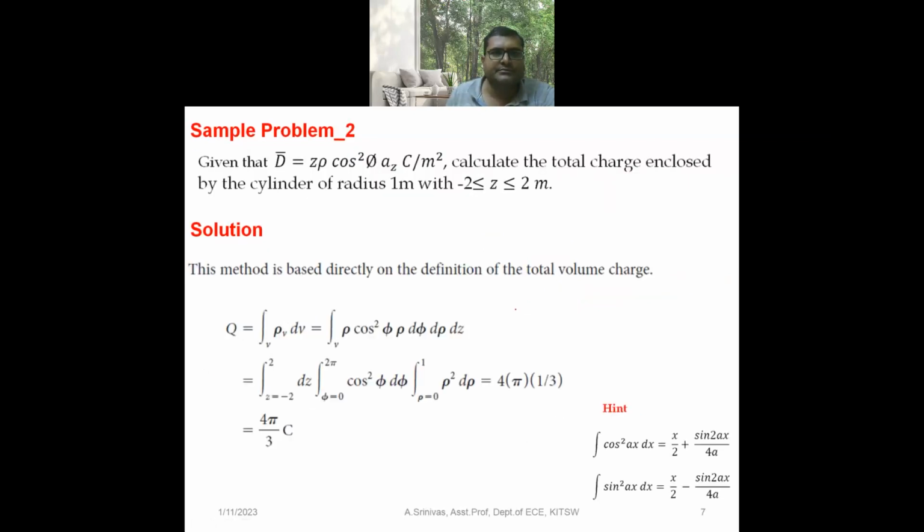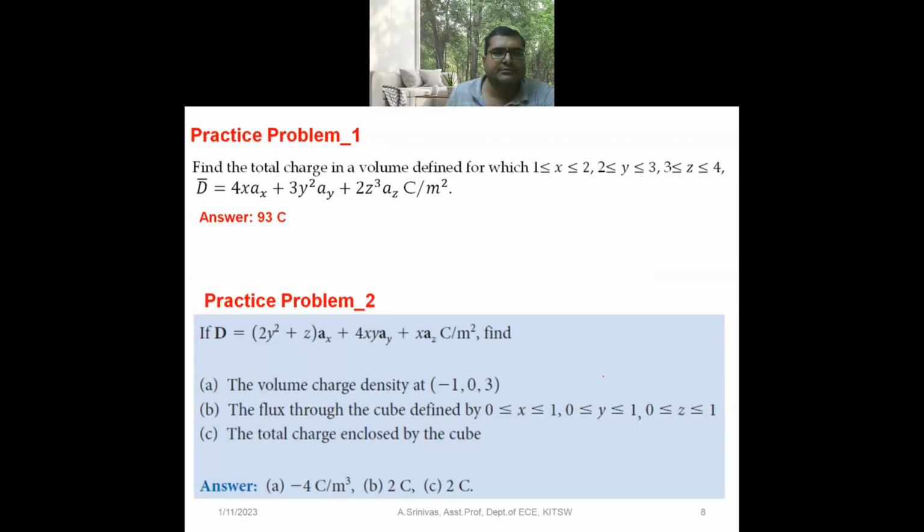Refer to one more problem. Refer to the practice problem. You can follow the same notation to solve the problem.